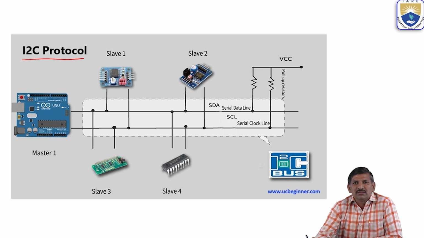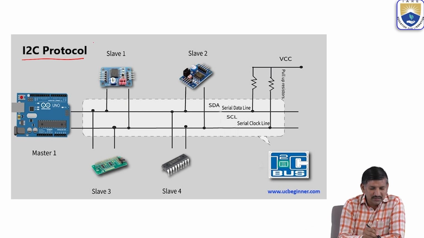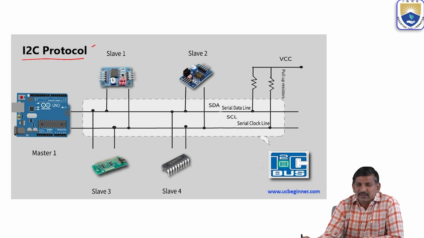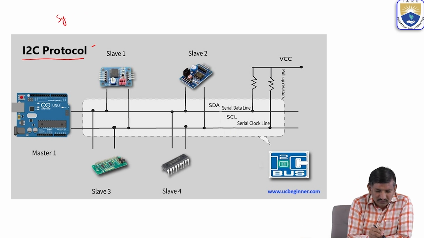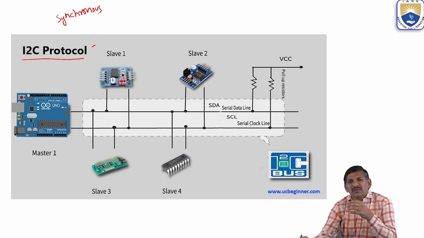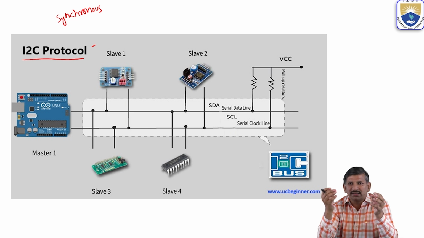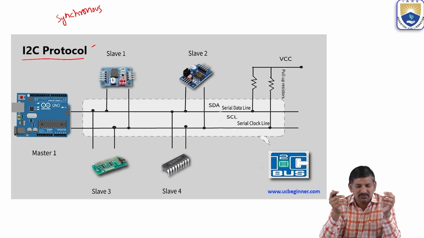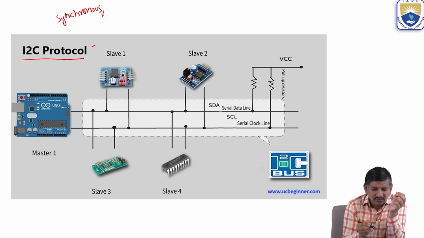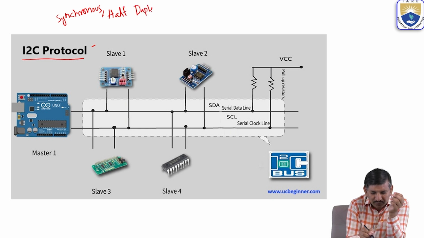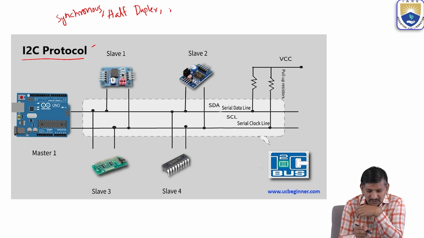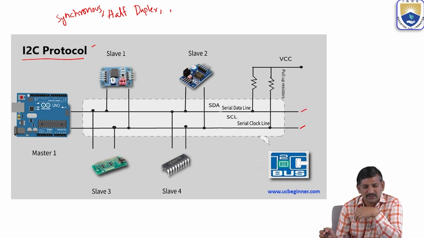It is a synchronous protocol, which means the transmitter and receiver have the same clock frequency or same baud rate. It is synchronous, half duplex, two-wired: it contains two wires, serial clock line and serial data line.